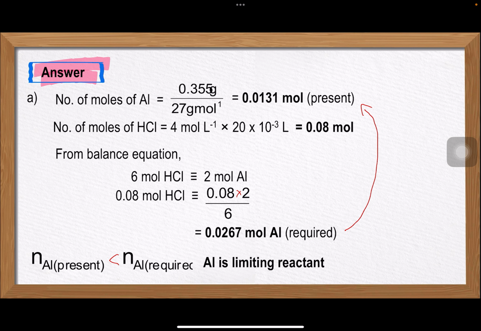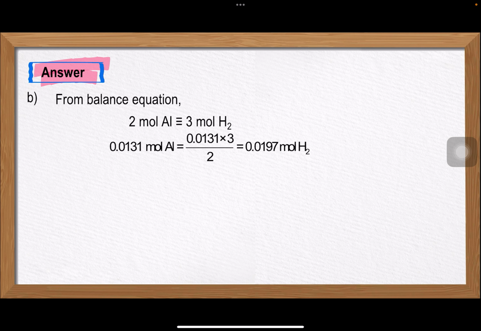So how much mole of hydrogen? Using the stoichiometric ratio from the balanced equation, 2 mole aluminium will produce 3 mole H2. If the aluminium available is 0.0131 mole, then the mole of hydrogen should be 0.0197 mole.